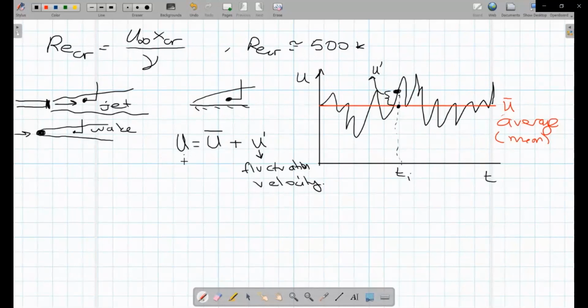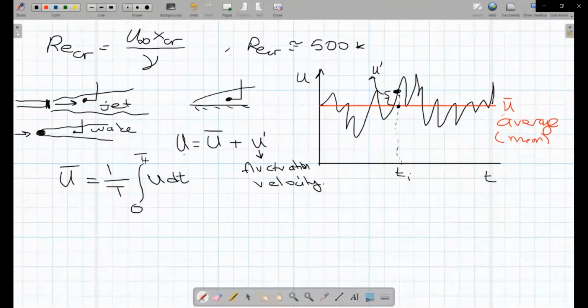By the way, how to calculate the u bar value, the statistical average value from the actual recorded u value: if we have a certain duration of data recording, from 0 to capital T, we take the integral of the actual recorded value and divide it by T. This is how we calculate it analytically, mathematically, but in reality we have discrete data, so this integral is actually a summation.